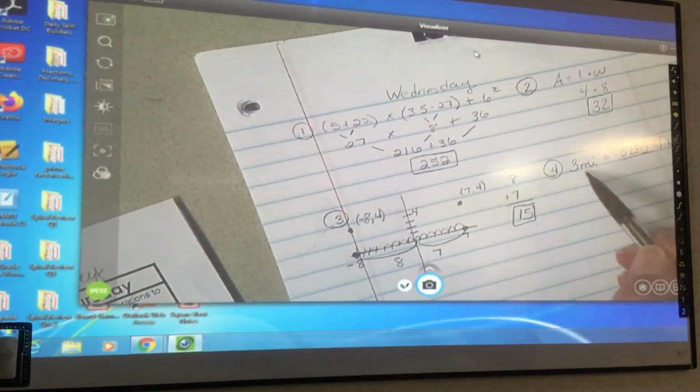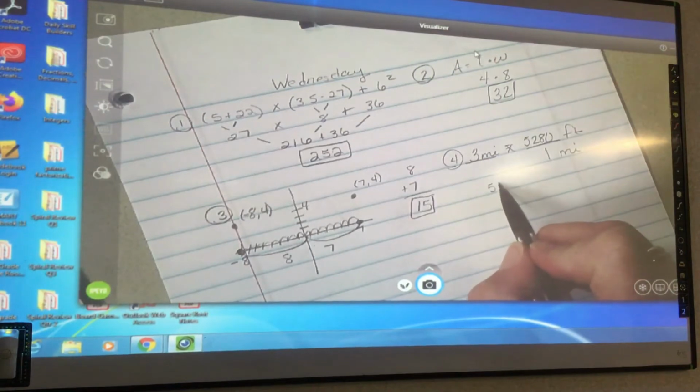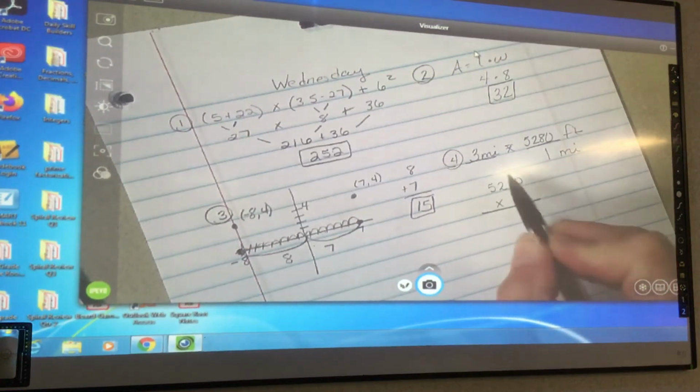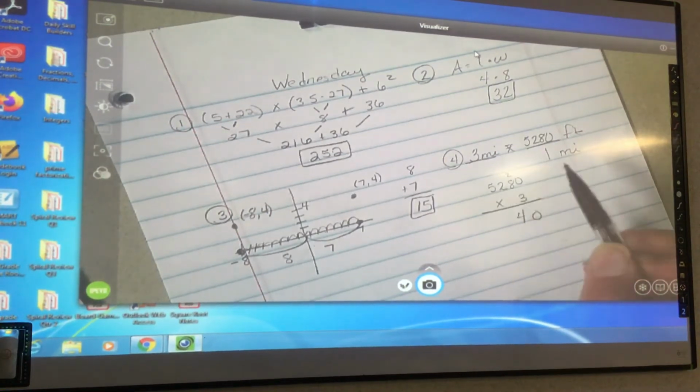So I need to figure out, but that's for 1 mile. I need 3, so I multiply. I'm going to move the paper over a little bit. I sure can, thanks for letting me know, Shay. 5,280 times 3, you go through and do your math, that's a 0. 8 times 3 is 24. 3 times 2 is 6.